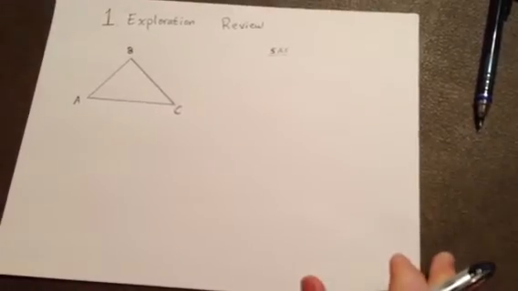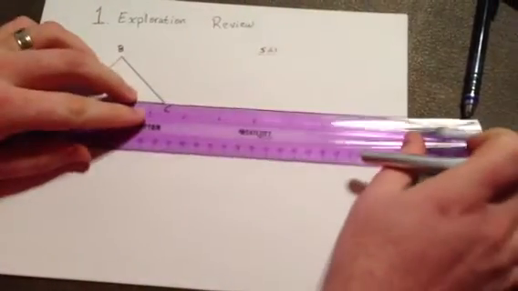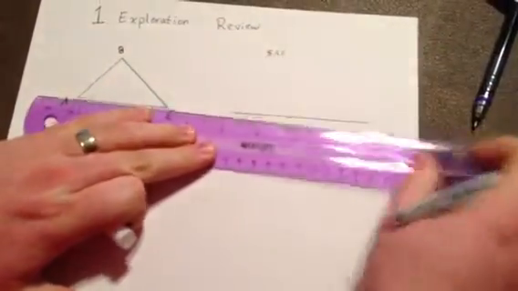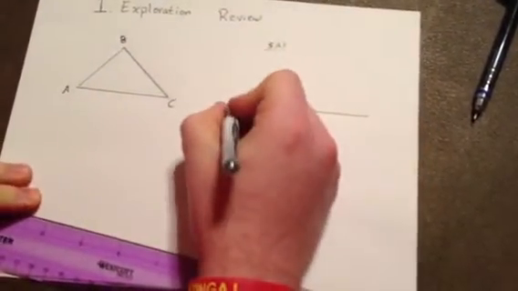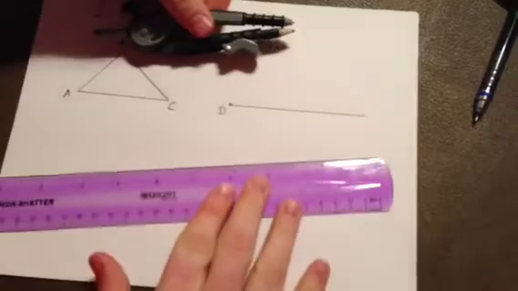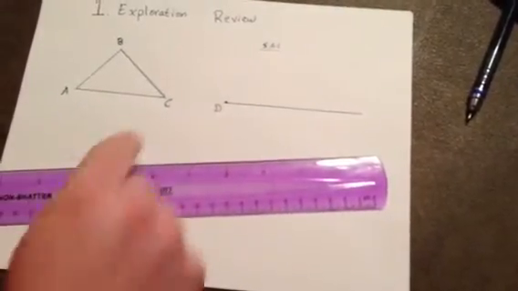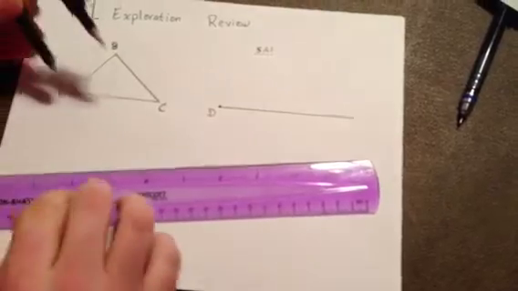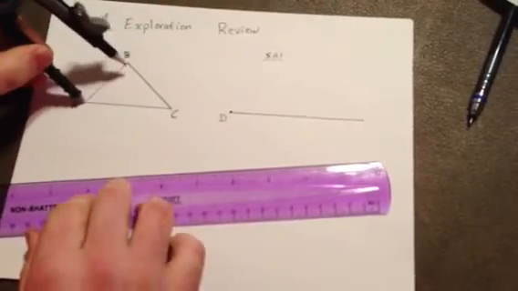And first thing after you did that was I had you draw a line on a sheet of patty paper. And then I had you label one of the points D. Then from there, we took our compass and our straight edge and we copied triangle ABC onto our line. So first thing I had you copy was AB.